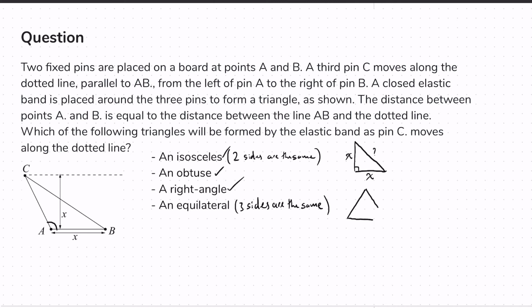Let's make this a little bit nicer. Where this is X, and this is X. And we also know that with equilateral triangles, each of the angles is 60 degrees to get to 180.